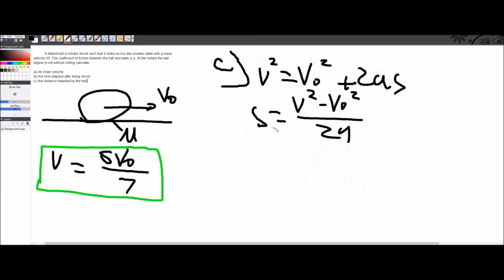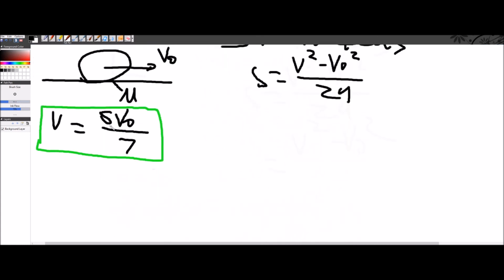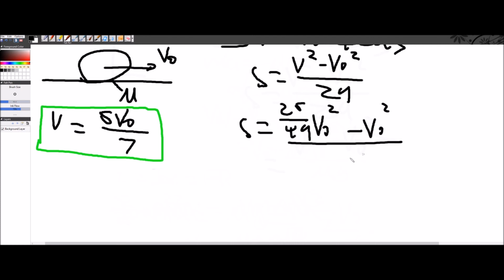And we know v squared is equal to 5 squared v naught squared over 7 squared. So we get s is equal to 25 over 49 v naught squared minus v naught squared over 2a. You know acceleration is equal to negative mu g, so you put negative mu g here.